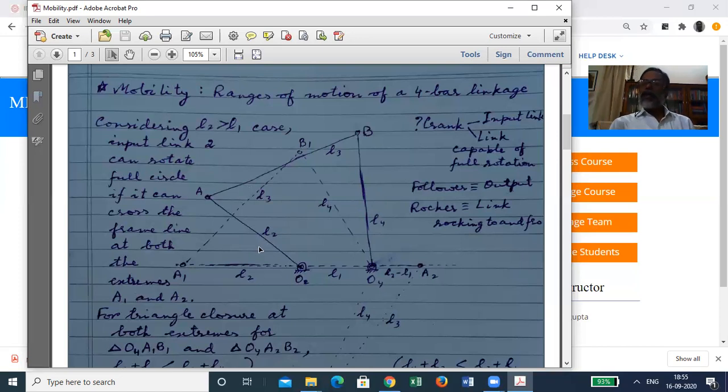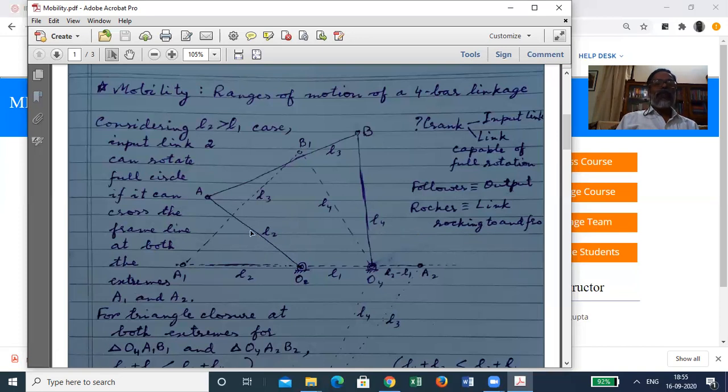Okay, so this motion, look at my arm, going like this, coming back like this, that is oscillation, that is called rocking, and that is why such a link is called a rocker. A link which rocks to and fro, which does not have full circle rotatability. And now we will explore the full circle rotatability based on their dimensions.